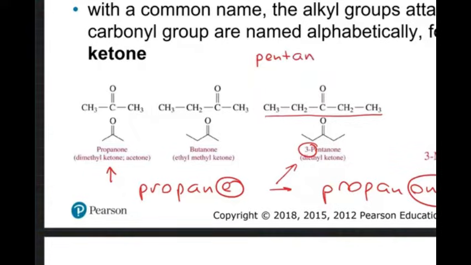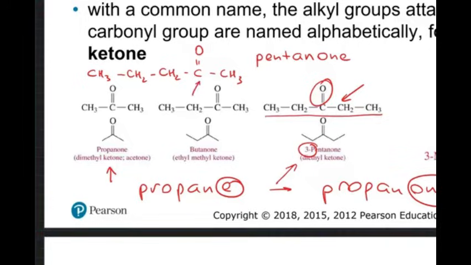More specifically, pentanone. But can you place this group at this carbon instead? What I'm talking about is that formula. You can do that. It's still going to be a ketone because this carbon is connected to 2 other carbons. But the position of the oxygen will be different.